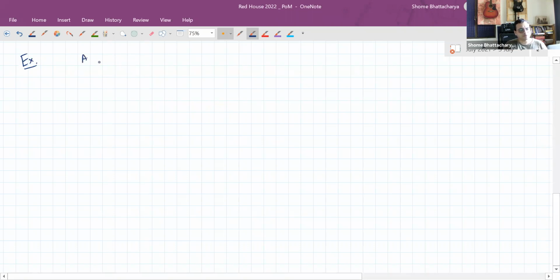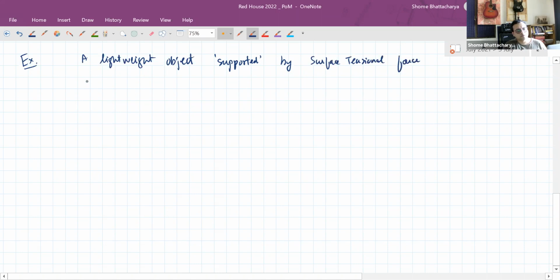A lightweight object supported by surface tensional force on a liquid surface.